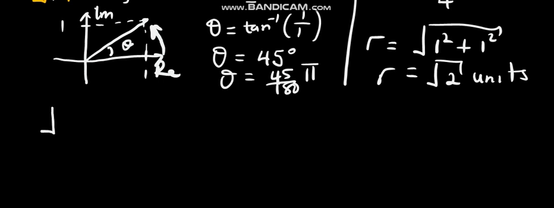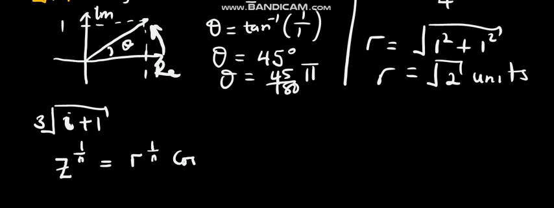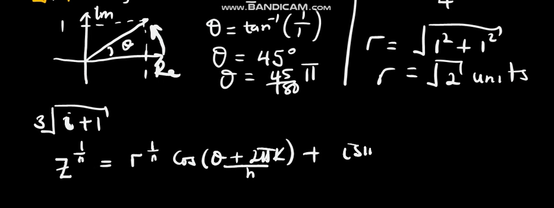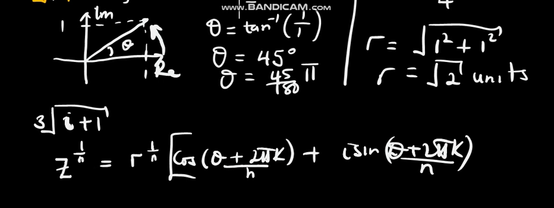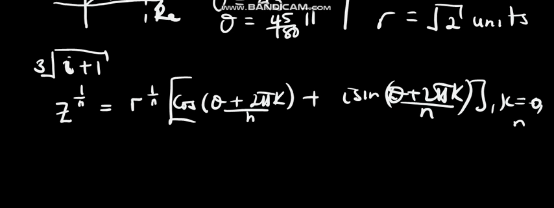The cube root of 1 plus i. From De Moivre's theorem, we say that z^(1/n) will be equal to r^(1/n) [cos((theta + 2 pi k)/n) + i sin((theta + 2 pi k)/n)], for k equal to 0, 1 up to n. Is that okay?